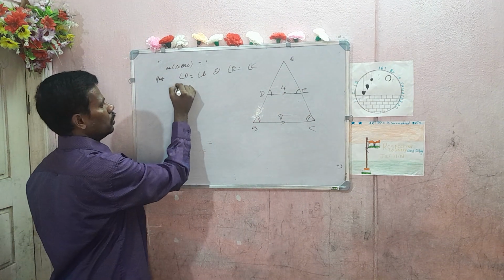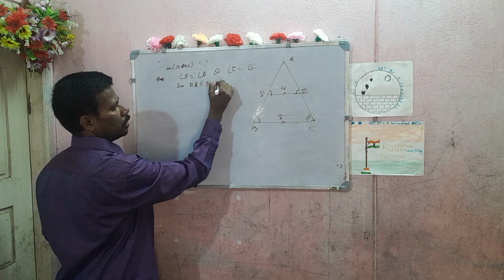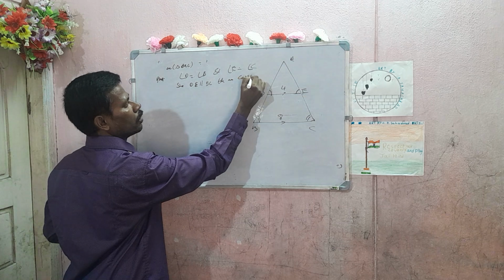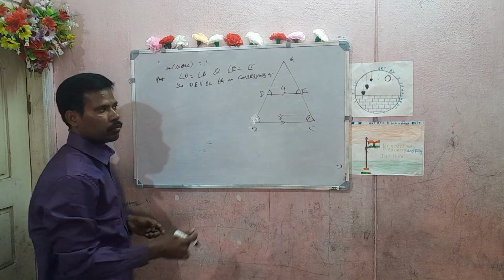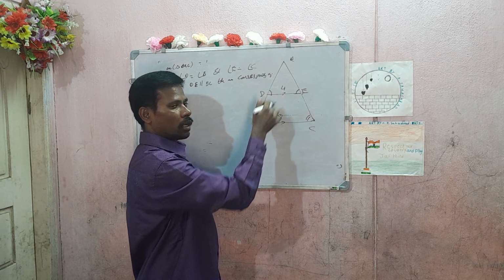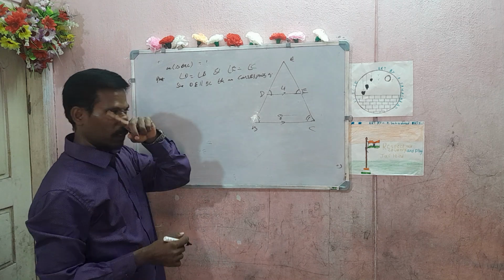Because since DE is parallel to BC, they are corresponding angles. One angle is lying interior, one angle is lying exterior. They are lying on the same side of the transversal. They are called corresponding angles, so they are equal.